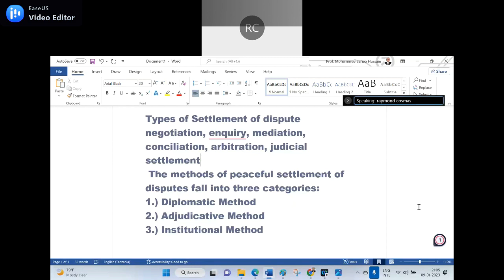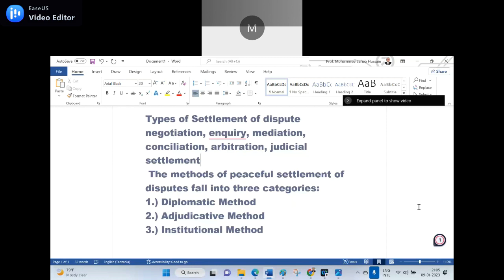We discussed what the diplomatic method is. It is nothing but the above, which is shown over there: negotiations, inquiry, mediation, conciliation, arbitration, judicial settlement, etc., even the good offices also. When you come to the diplomatic method, these are all the things that will come over there.